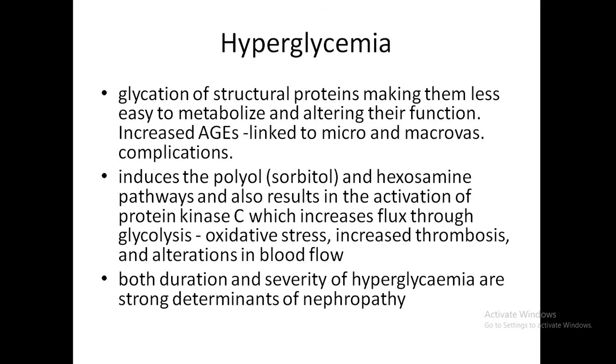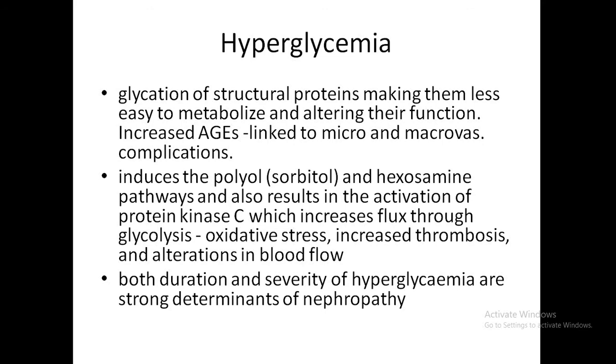So what are the effects of hyperglycemia? Hyperglycemia causes glycation of structural proteins. It makes them less easy to metabolize and alters their function. It increases the AGEs, the advanced glycosylation end products, and the AGEs are linked to micro and macrovascular complications.